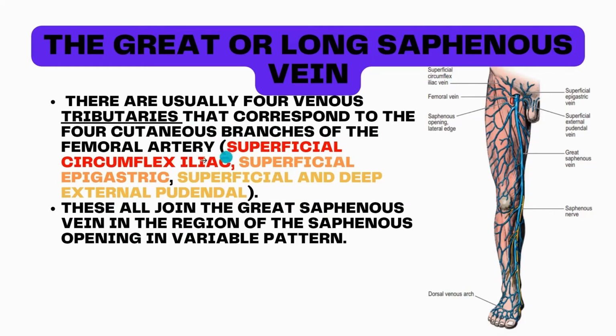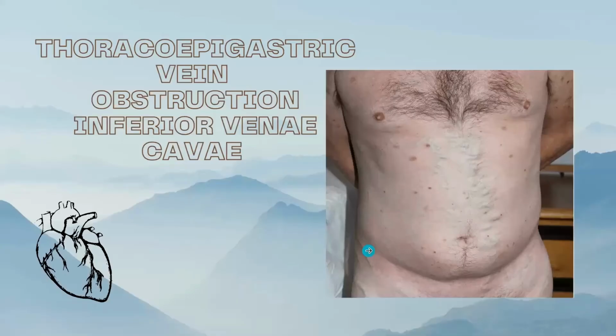And these are superficial circumflex iliac, superficial epigastric, superficial and deep external pudendal. So ultimately these are the tributaries that drain into the great saphenous vein near its opening in the cribriform fascia. These all join the great saphenous vein in the region of the saphenous opening in a variable pattern.